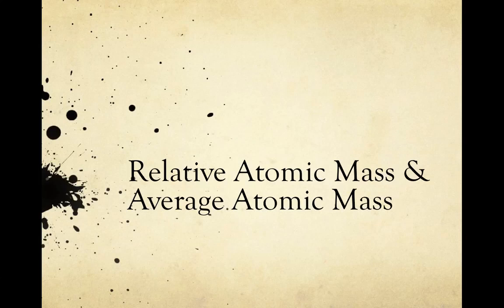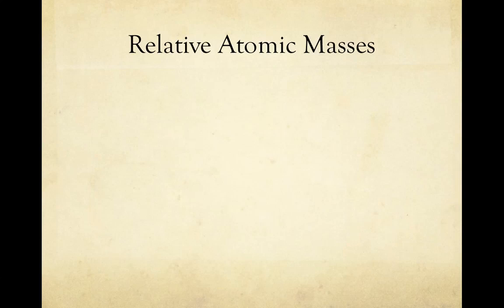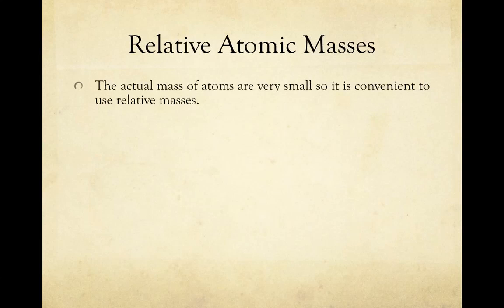So we have relative mass and average mass. Relative atomic mass is basically because people decided that the actual masses of atoms are so small that we use what's called a relative mass. If you remember the chart that you saw on Monday or Tuesday, the weight of most electrons and protons are in the times 10 to the minus 27 range.